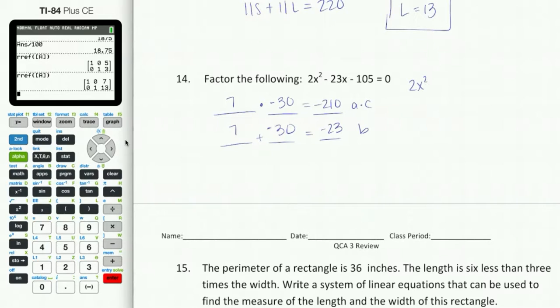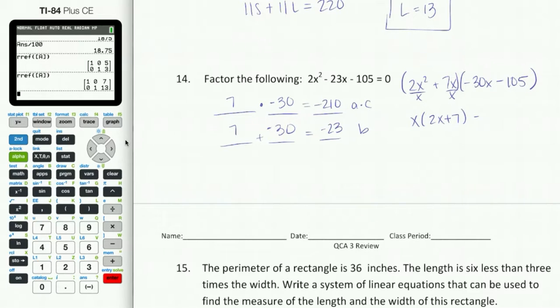We're going to get 2x squared plus 7x minus 30x minus 105. So we're going to factor by grouping. Out of the first two terms, we can take out an x. When you do that, you're going to be left with 2x plus 7.